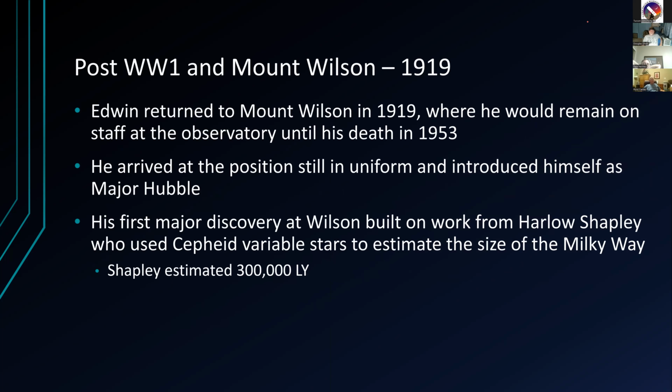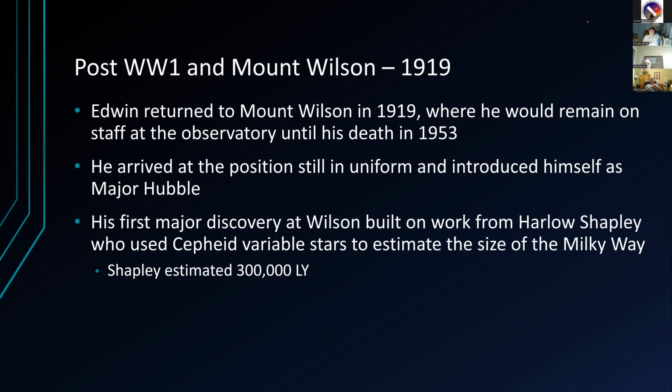He built on this estimate using work that was pioneered by Henrietta Leavitt, who showed that Cepheid variable stars could be used as an accurate measure of distance because they have a uniform scaling. So they always have the same peak brightness and a couple of other characteristics that make them really useful as distance measures in astronomy.